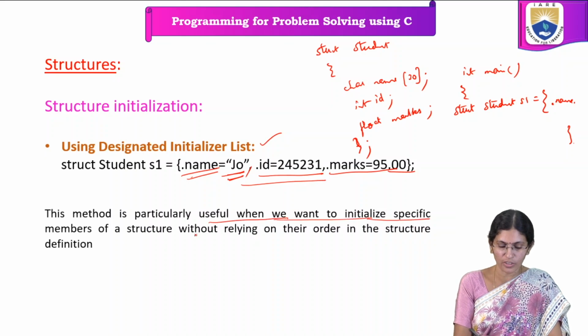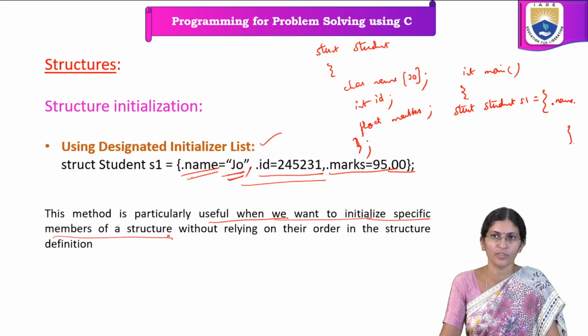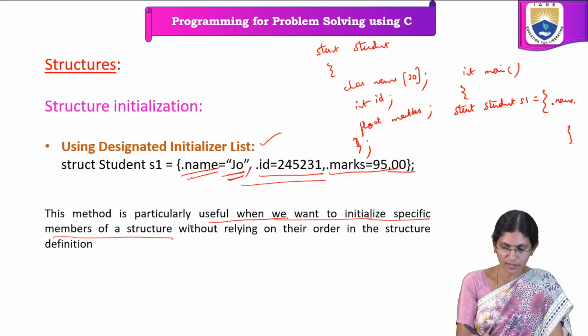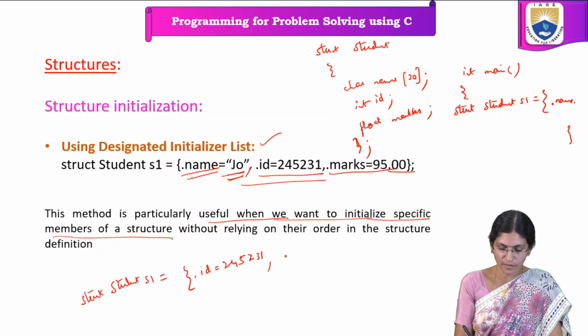So this method is useful only when we want to initialize specific members of a structure. Here, order doesn't matter. Even if you write the first as dot id 245231, this is also correct. So struct student s1 is equal to dot id is equal to this, then after that dot name is equal to Joe.